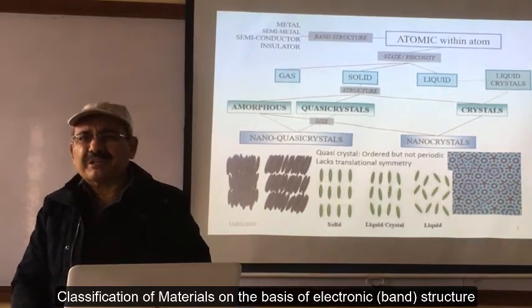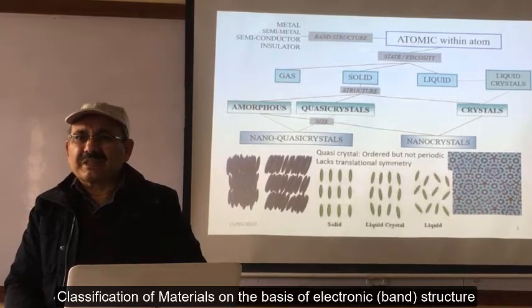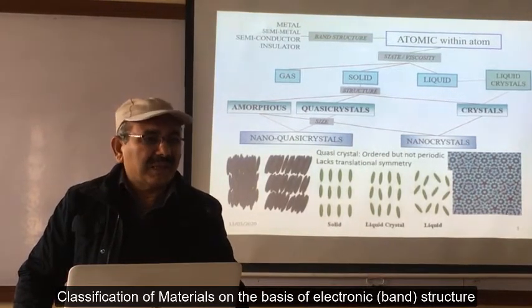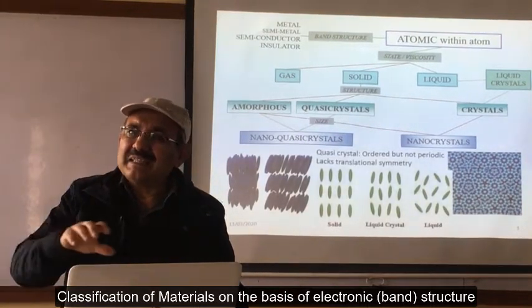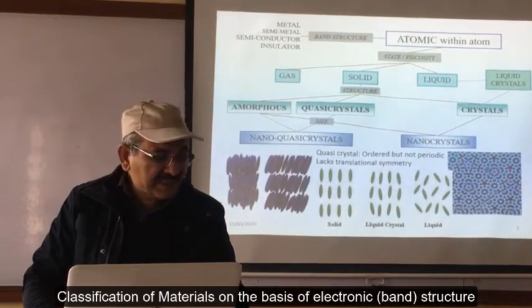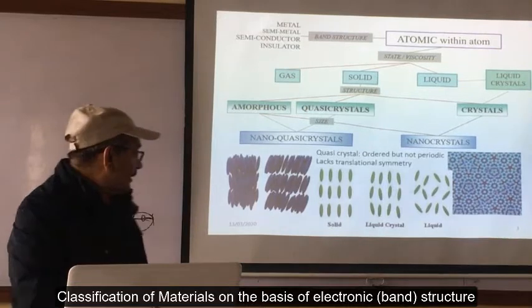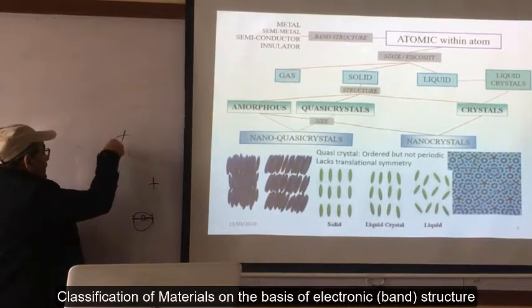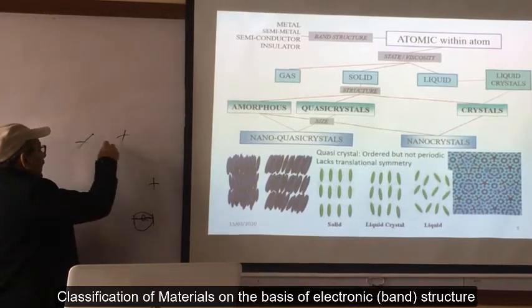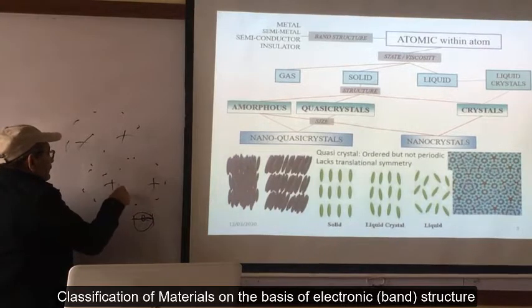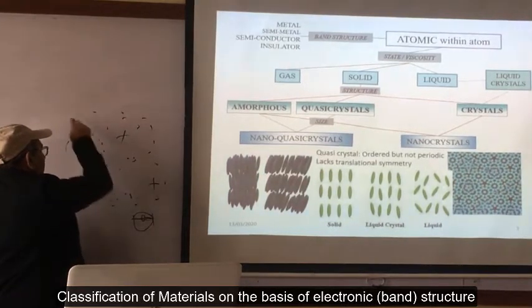We define metals as something which consists of cations floating in the sea of electrons. Floating in the sea of electrons means that you have positive cations at different places, and there is a sea of electrons.